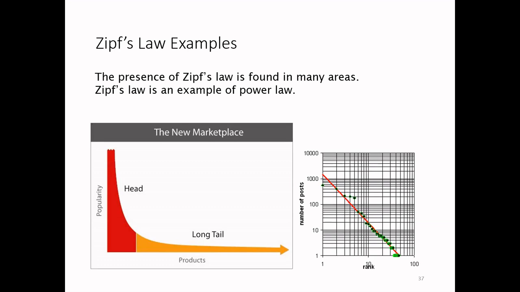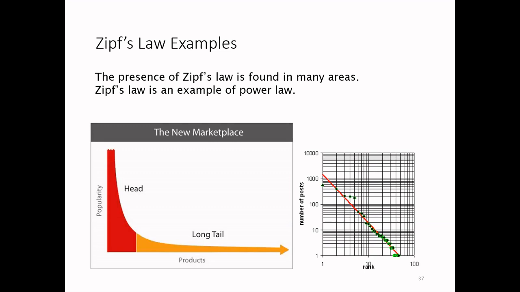That means if you were in the market, or trying to come up with a product, you have a choice: you could come up with a product that caters to the people that fall in the red area in this graph, or you could have a product that falls somewhere on the long tail.